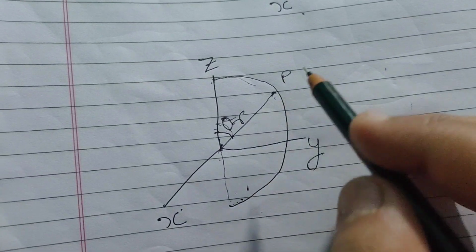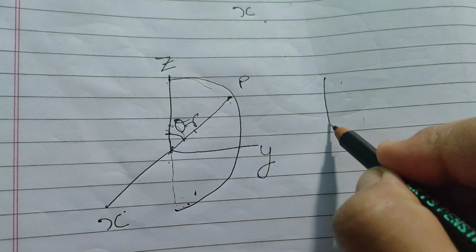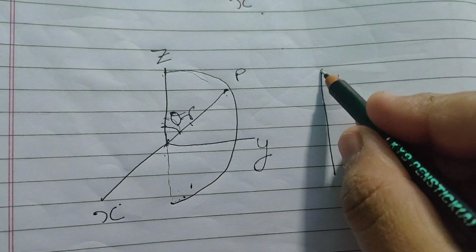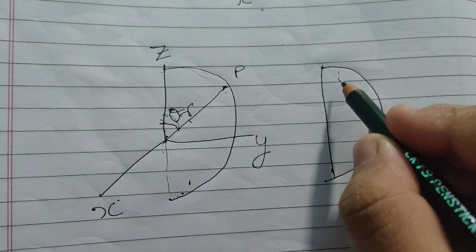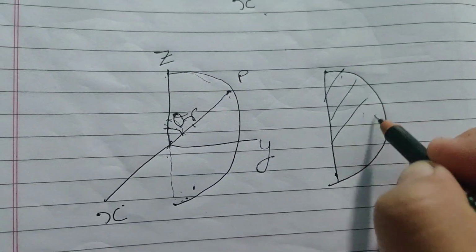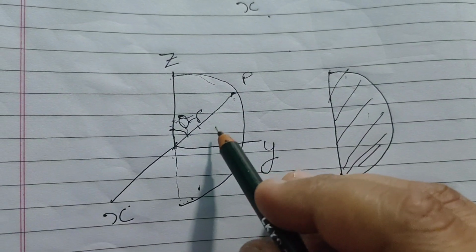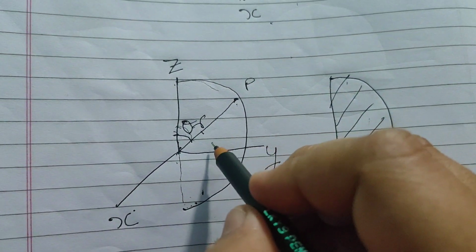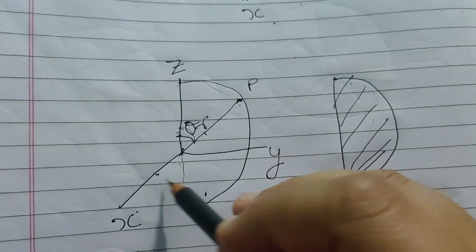So we can assume this as a half disk. It is like this, a half disk. And now let's consider the phi coordinate. The phi coordinate varies from 0 to 360.